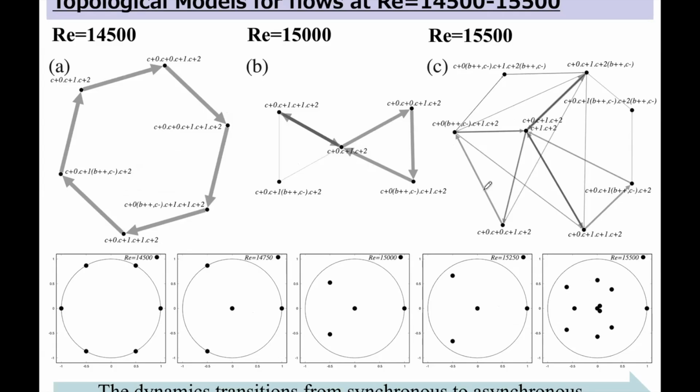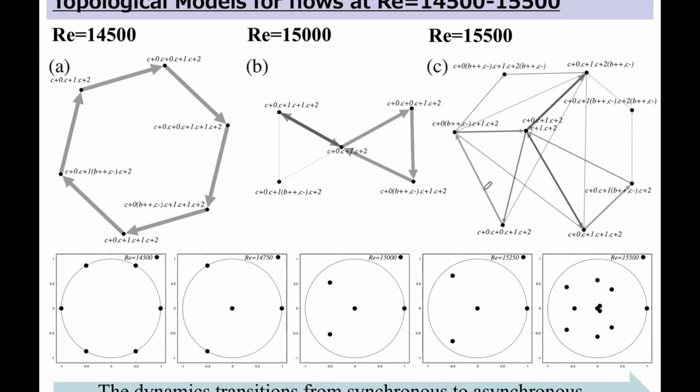Between 14750 and up to 15200, we have this sort of singular transition matrix, which has two triangles attached to one center. So the corresponding eigenvalues become 1, 0, and a distribution of 3 equilateral triangle. Up to now, we have a very simple, almost periodic evolution of the flow pattern.